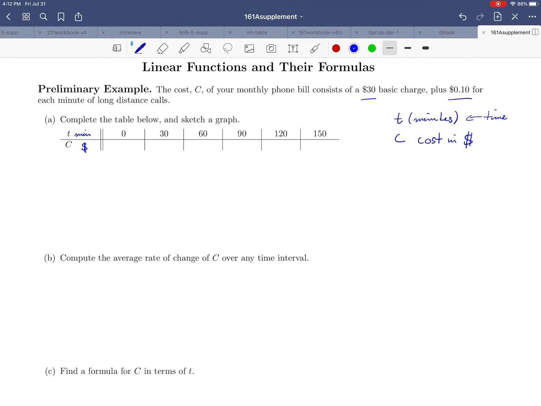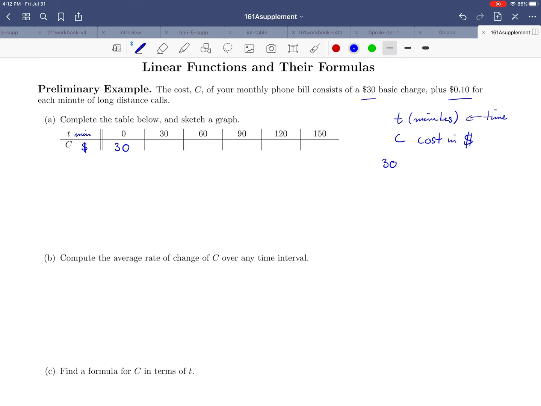Now we can figure out what your phone bill is if you are talking not at all, or 30 minutes, or 60 minutes, or 90 minutes, and so on. If you're not talking at all, you still have to pay your basic charge. So that's $30. If you are talking 30 minutes, then that costs you 10 cents for each minute.